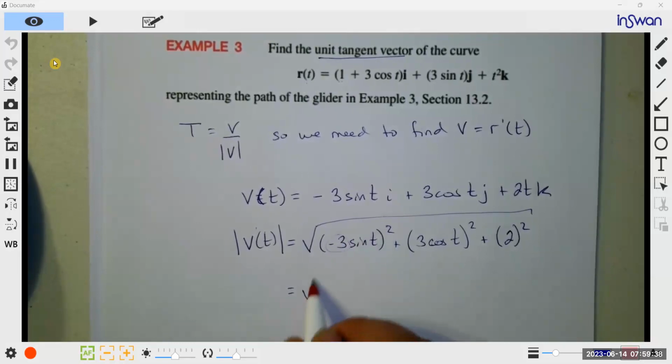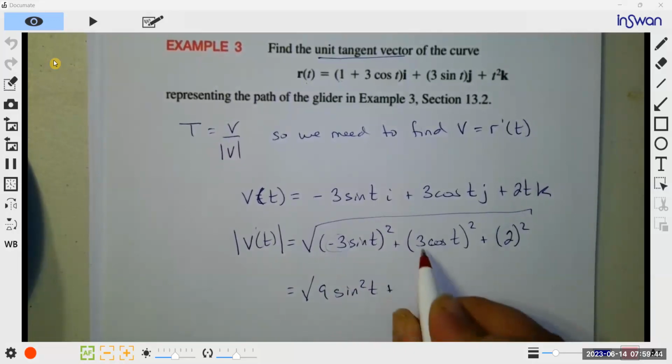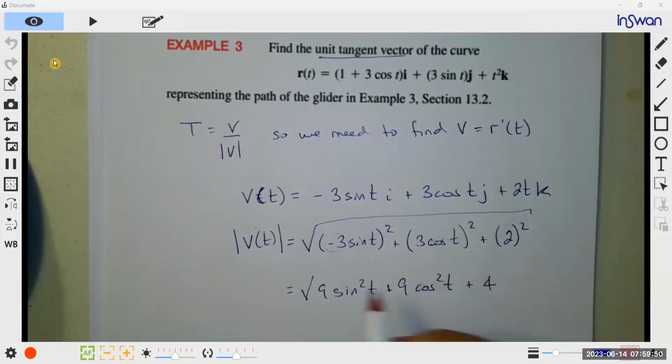Negative 3 squared is 9 sine squared t. 3 squared is 9 cosine squared t plus 4.